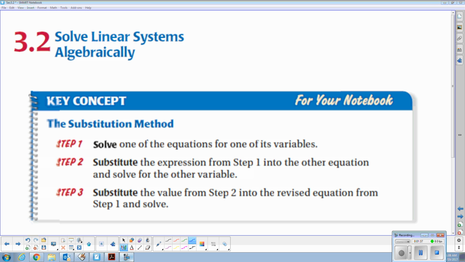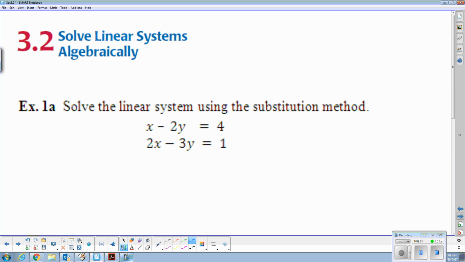Then with that equation, x equals something, you will substitute that something into the second equation and use that to solve for the second variable. Once you solve for the second variable, you'll repeat that step for the first variable, substituting what you have.